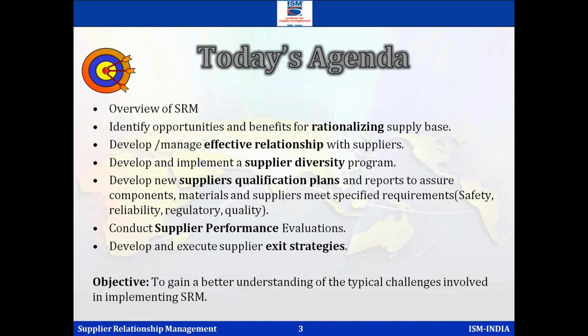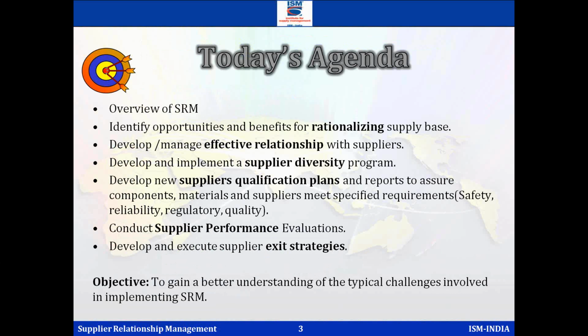Next, the issue I'm going to talk about is developing a new supplier qualification plan. So naturally you're going to make a relationship. So relationship means you're going to develop some better qualification plans, which can address safety issues, reliability issues, regulatory and quality issues.